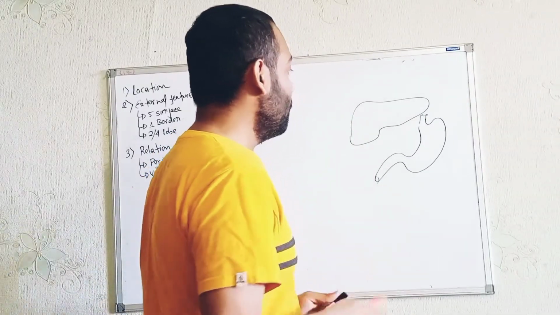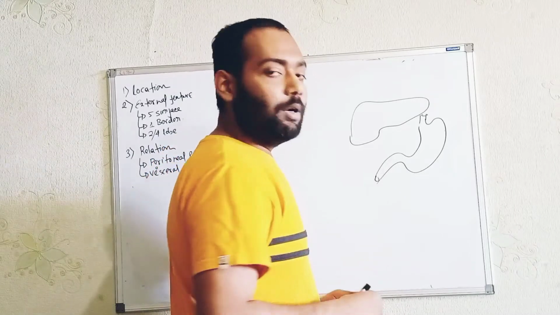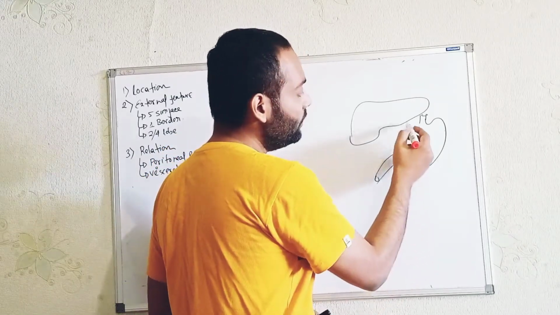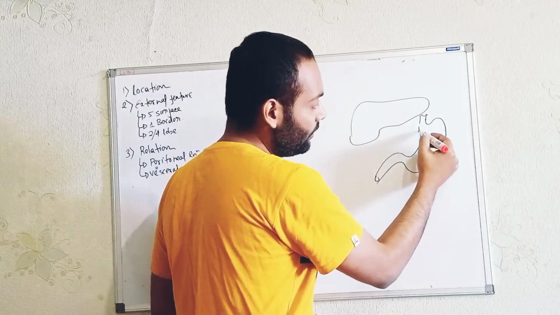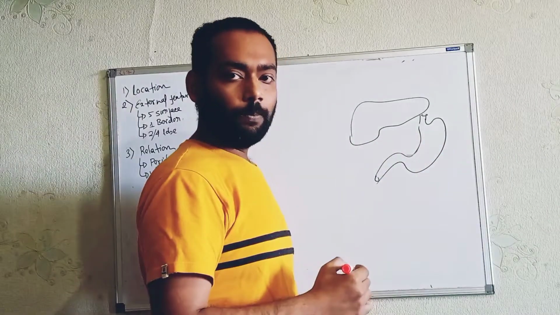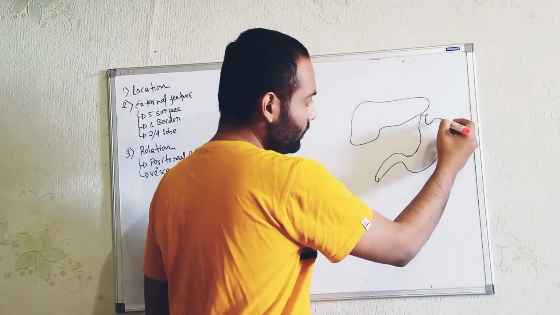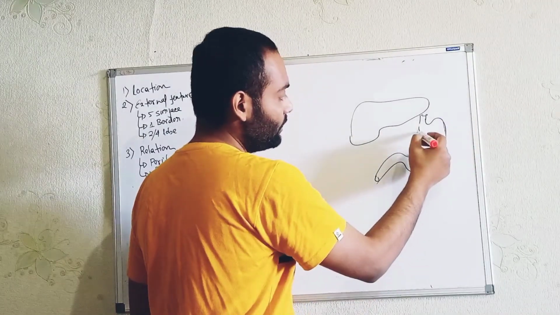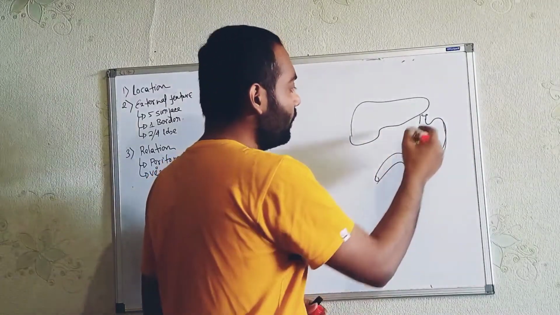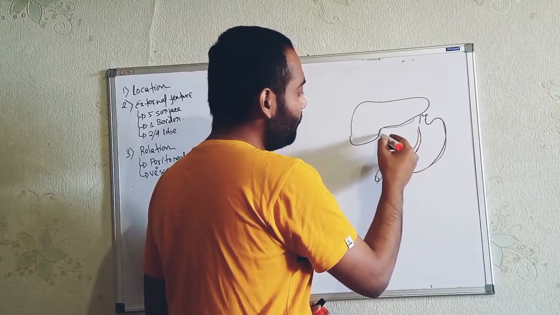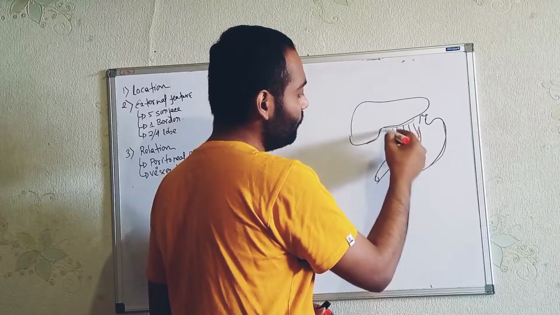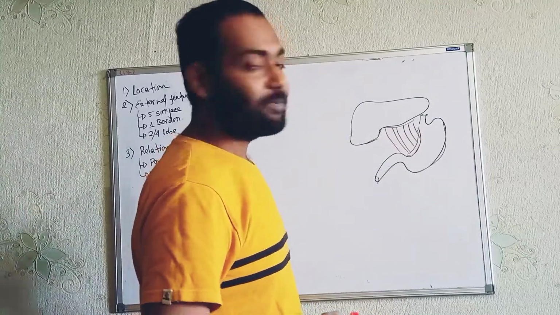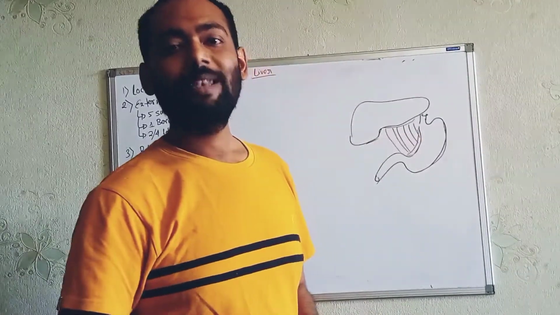Now, between the inferior part of the liver and the lesser curvature of the stomach, if you don't know, this is the greater curvature, this is the lesser curvature, and the inferior border, we get this kind of peritoneal structure, which is known as the lesser omentum.